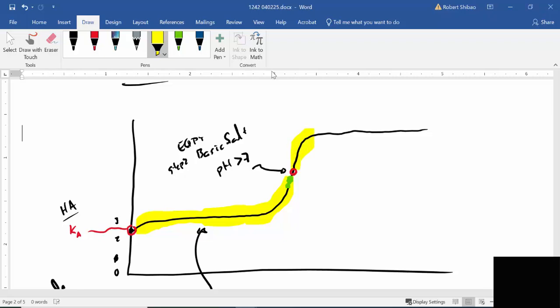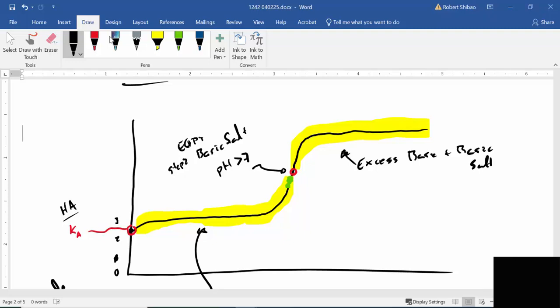And then after the equivalence point, then we have the excess base region. Plus basic salt. So the excess base, sodium hydroxide, is going to contribute the most hydroxide to it, which is going to ramp up the pH.